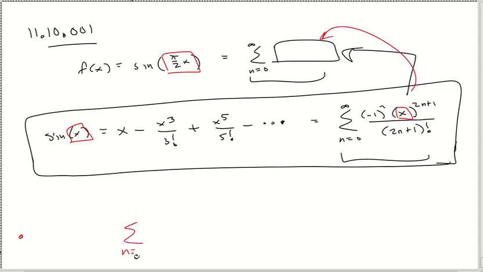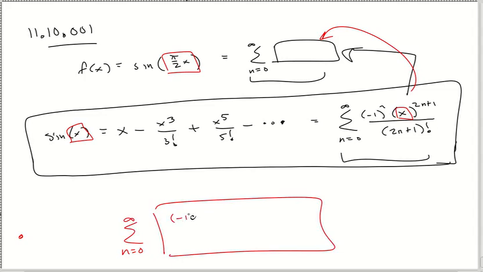So here's your final answer without any math, which is nice. It's pi over 2 x to the 2n plus 1, all over 2n plus 1 factorial. I'm not kidding you. That is exactly what you type in here, and you're done.